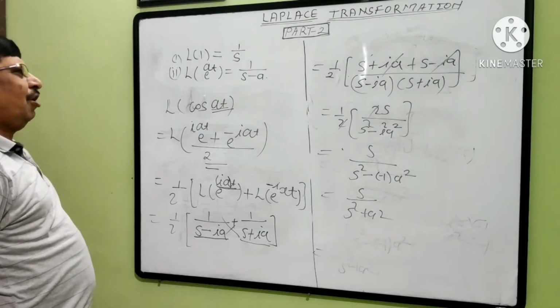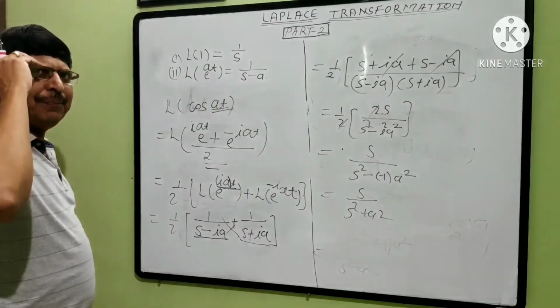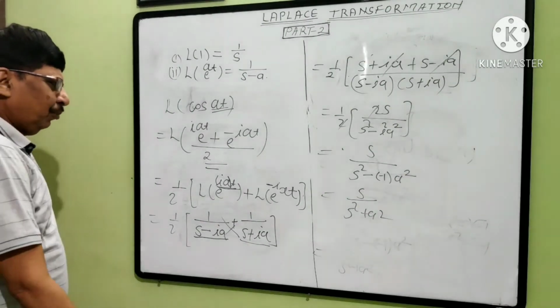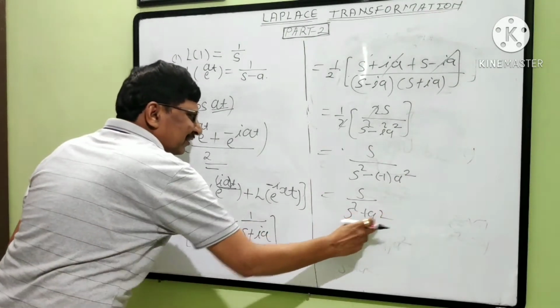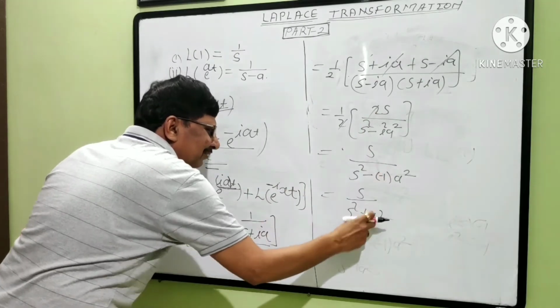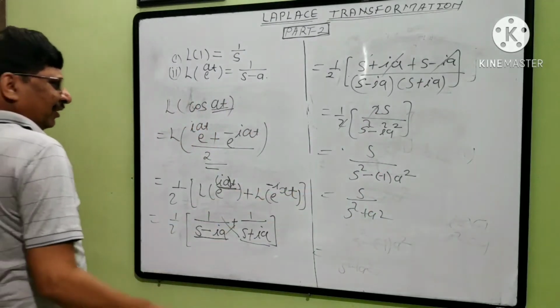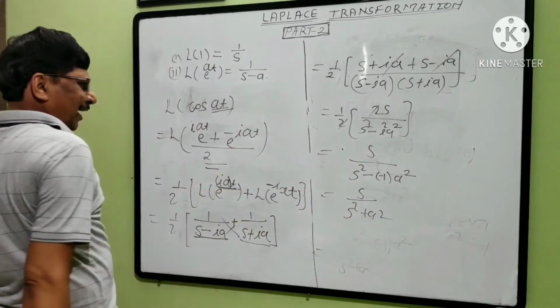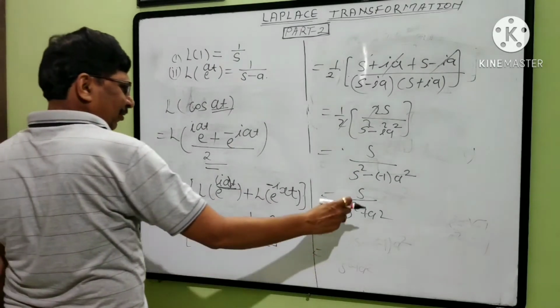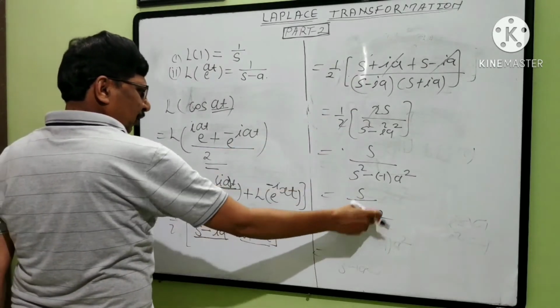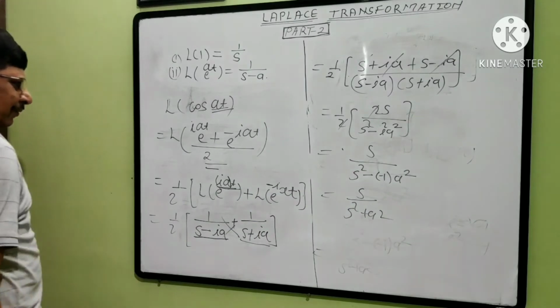You have observed that in simple trigonometric functions, in the denominator, in both cases there is s square plus a square. Why? Because I square is minus 1, that's why s square plus a square, and there was no I. And in hyperbolic, the denominator was s square minus a square.